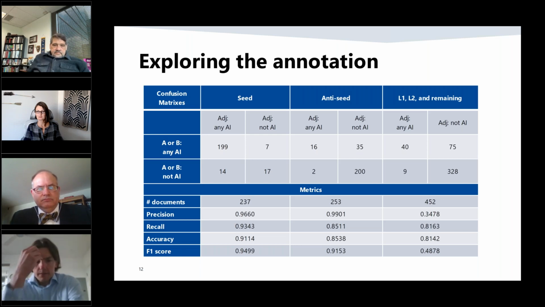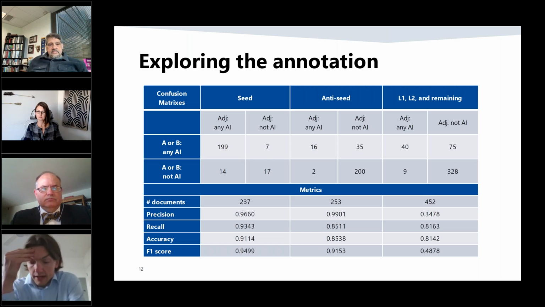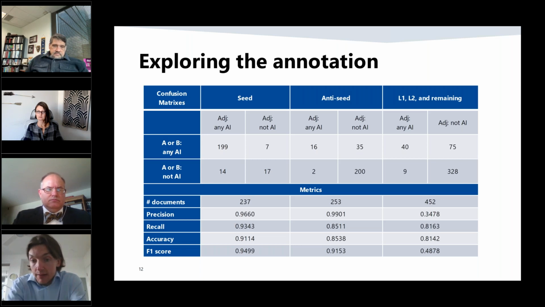All right, so this is a set of confusion matrices, on these 3 different groups: seed, anti-seed, and L1, L2, remaining. Again, all this is on the data that was labeled. At the top, A or B, any AI, just means that one of the examiners said this was AI, and the bottom is that one of the examiners said it's not AI.